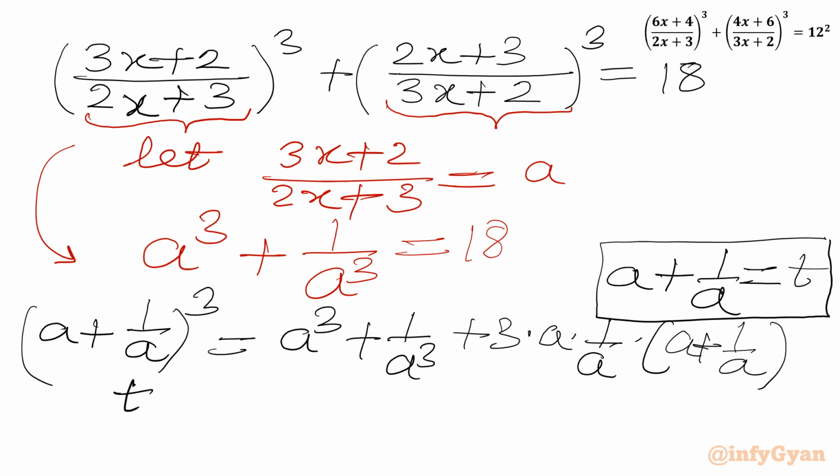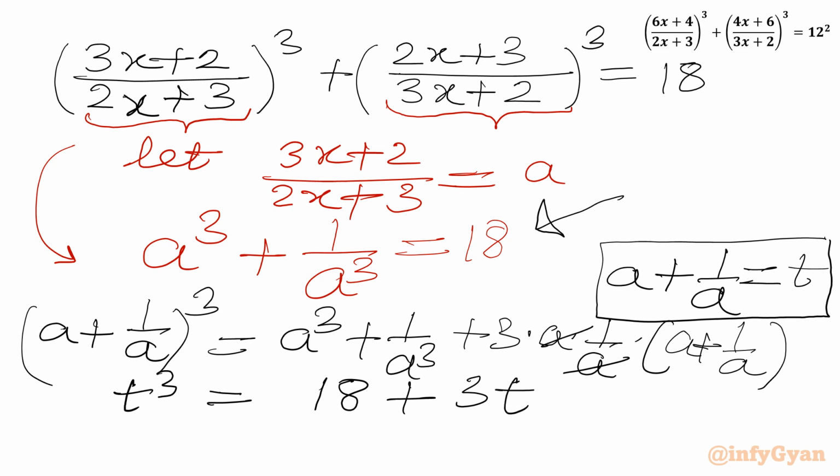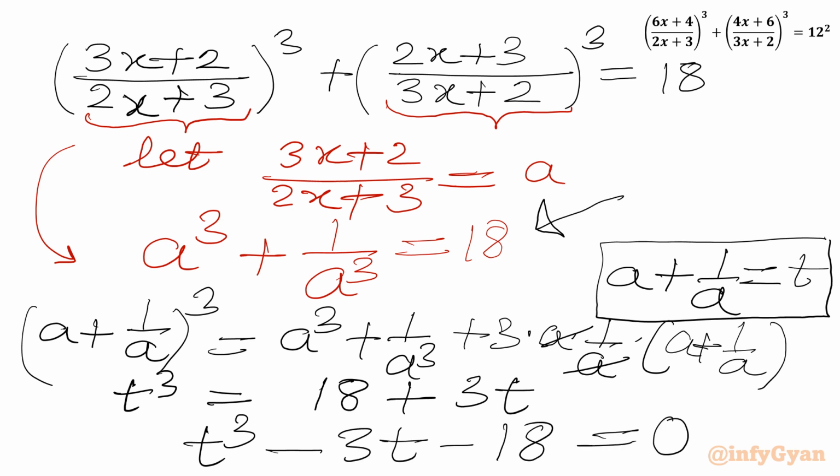So LHS will be t cube equal to a cube plus 1 over a cube, 18, plus 3 times, a cancels out, t. So we will get one cubic equation, t cube minus 3t minus 18 equal to 0.